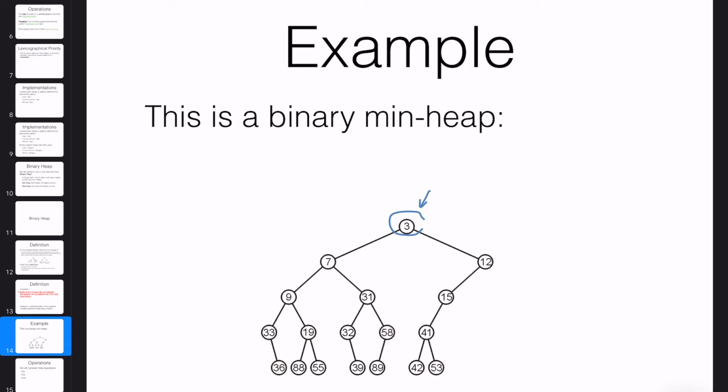Or for example, if you look at this item, this is the smallest item among all the nodes that you have on the left or right. There is nothing on the right, so you just compare the items on the left. This is the smallest item among all the items in this subtree under this node. This is the smallest item among all the items here.